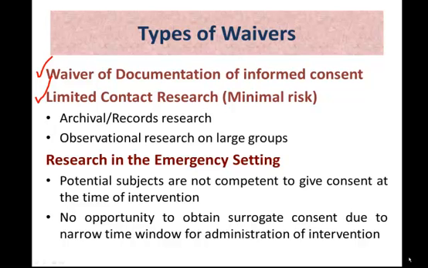These include archival and record research and observational research in large groups. And the final use of the word waiver refers to research performed in the emergency setting. In this instance, potential subjects are not competent to give consent at the time of the intervention, and there is no opportunity to obtain surrogate consent due to the narrow time window for the administration of the intervention.